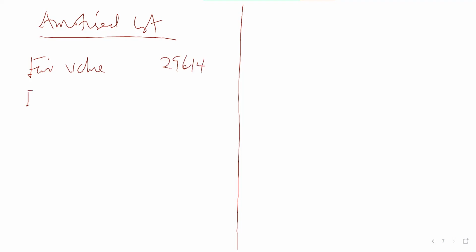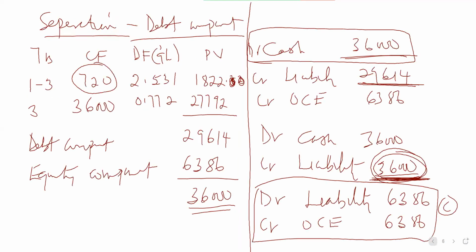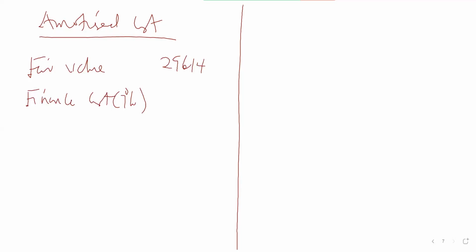Then we charge our finance cost on it. We use the 9% rather, which is the market rate that we used to present value it. So 9% on 29614. What are we getting?